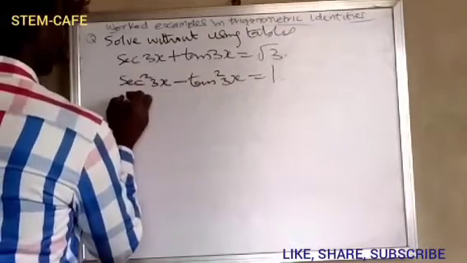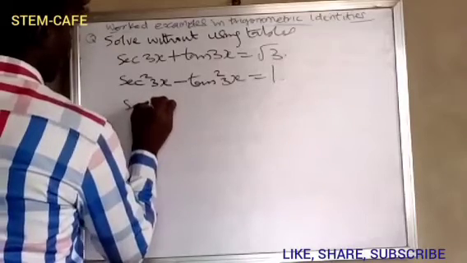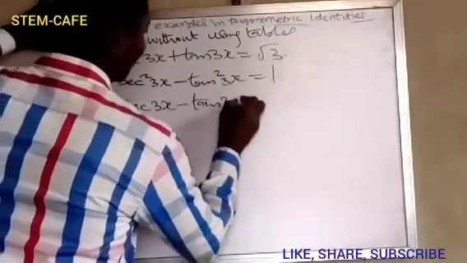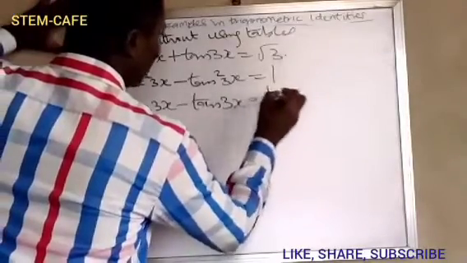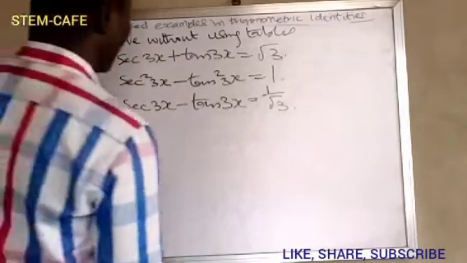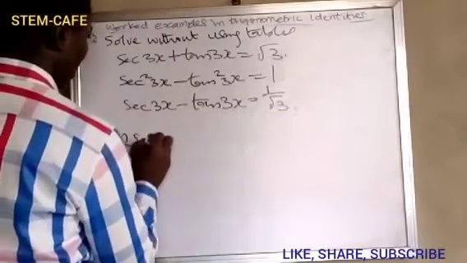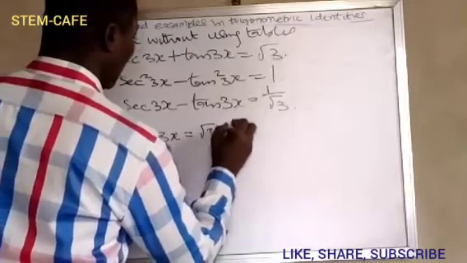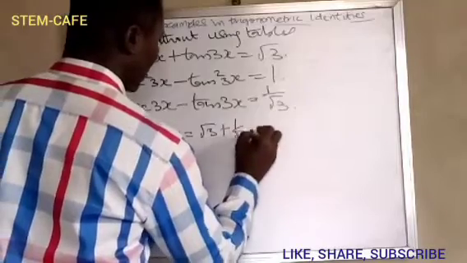We are going to have sec 3x minus tan 3x will be equal to 1 over root 3. With this, you know that 2 sec 3x will be equal to root 3 plus 1 over root 3.